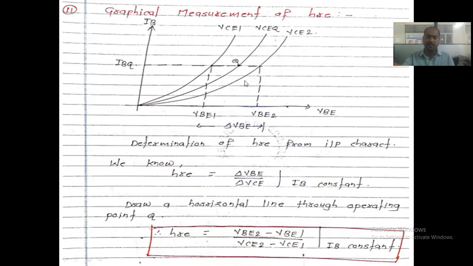When we calculate this value, it is Y2 minus Y1 divided by X2 minus X1. So it is VB2 minus VB1 divided by VC2 minus VC1. We take IB as constant. This is the equation for the calculation of HRE.